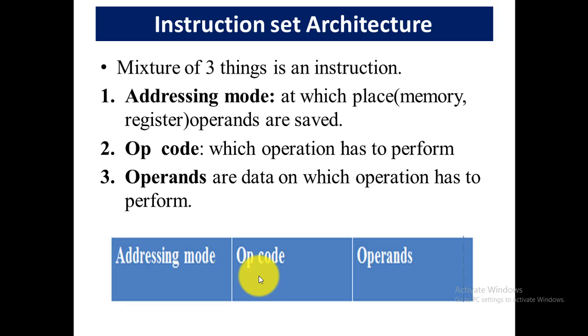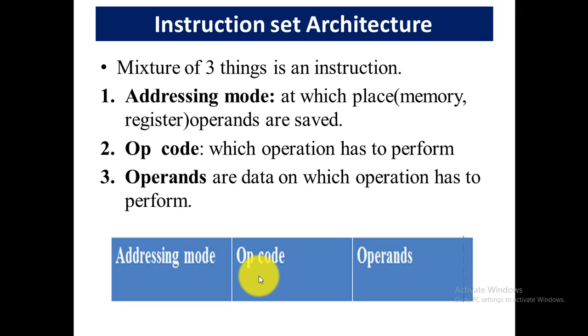For example, if we want to perform addition like A plus B, then A and B are the operands that will be saved at some memory location, in the registers or in the memory, according to the instruction architecture. Their location is specified by the addressing mode.